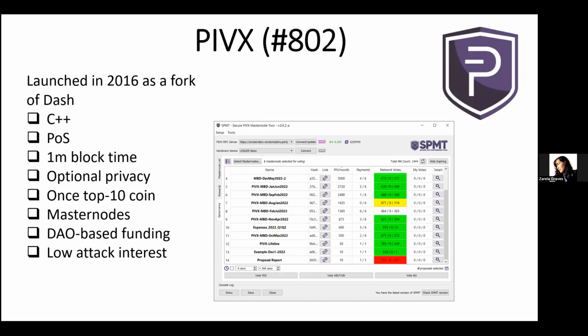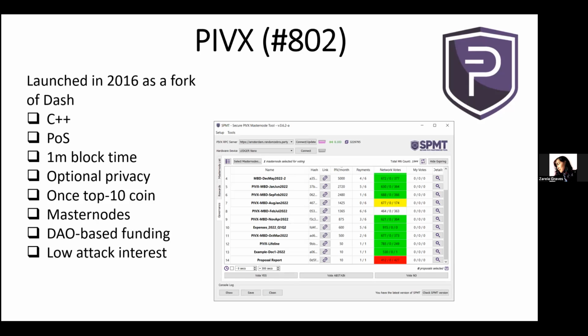And now the last one, dropping way down the list, okay, it's PIVX. It's 802. I mentioned it earlier as a fork of Dash. PIVX is an optional privacy coin. You can use it privately or you can use it transparently. Yeah, I've looked into it.